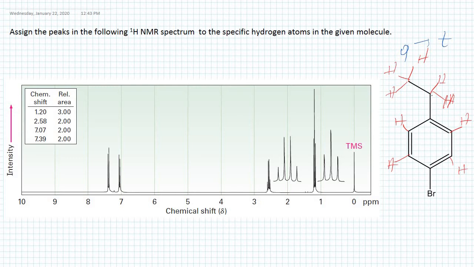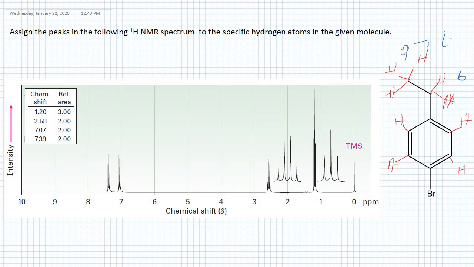Let's look at next protons. We have here 2 equivalent protons, and let's label them as B, and they will appear in the NMR spectrum as quartet.